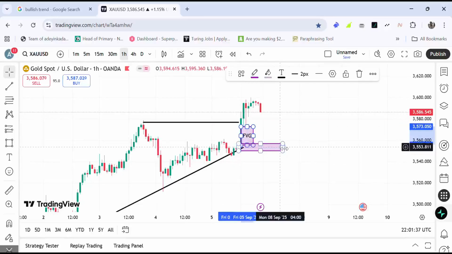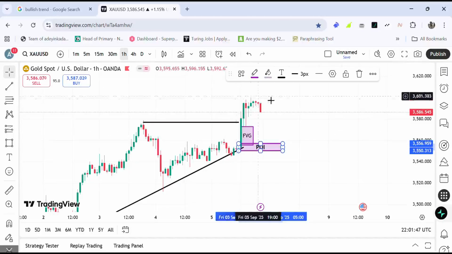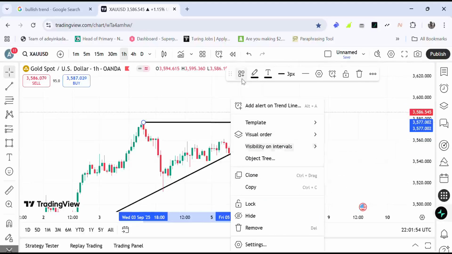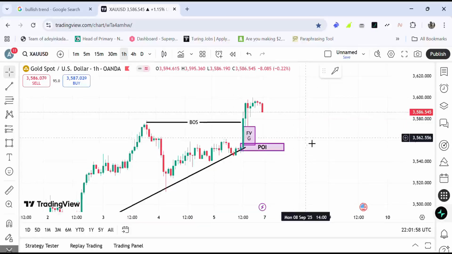Then this might probably be our point of interest where we set our trap and then wait for the market to retrace back to this point and then keep pushing to the upside, forming another break of structure to the upside. Right, so that's all I can say with this.